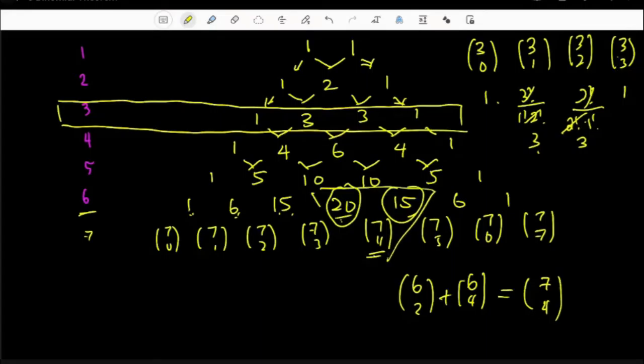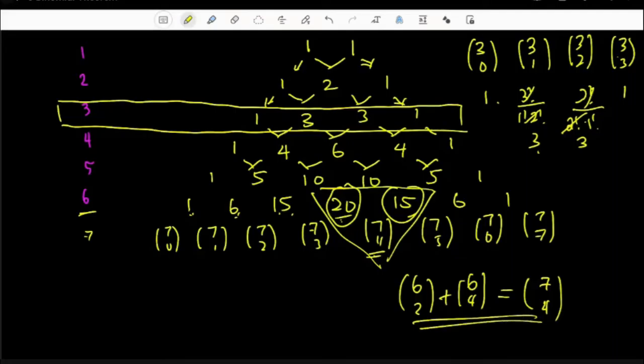So that means the reason why that rule works simply by adding, right? We're just simply adding the two consecutive coefficients. Ina-add lang natin pero nakukuha natin yung nasa baba niya because of the Pascal's rule. Pag in-add mo yung dalawang coefficient, makukuha mo yung coefficient sa baba ng susunod na layer because of this formula.